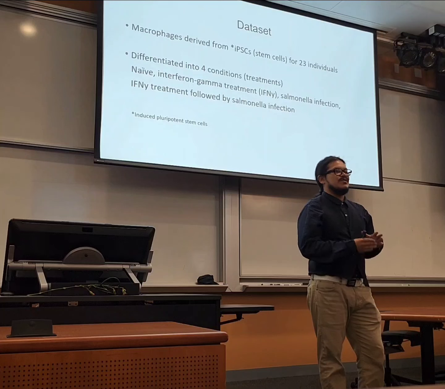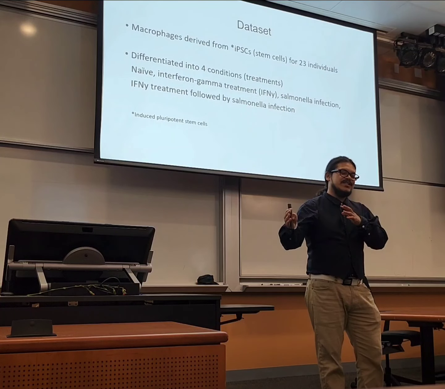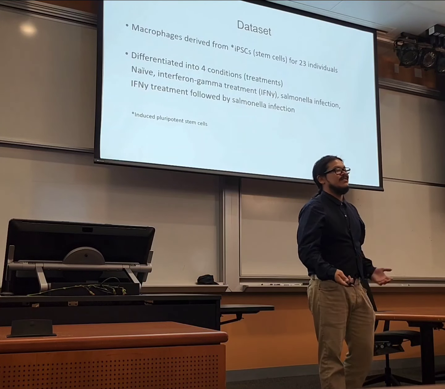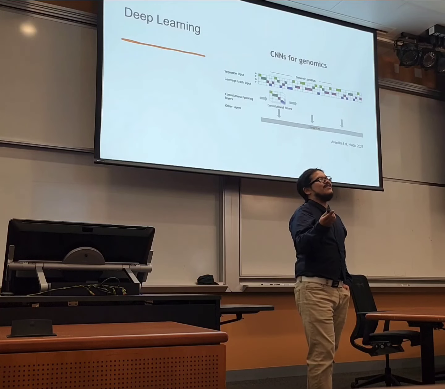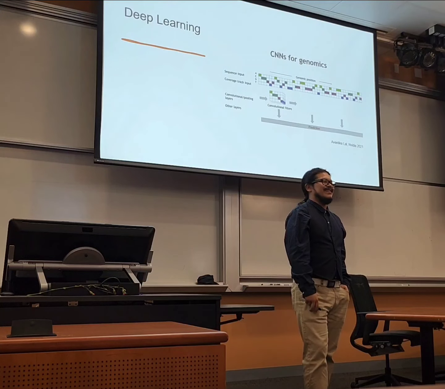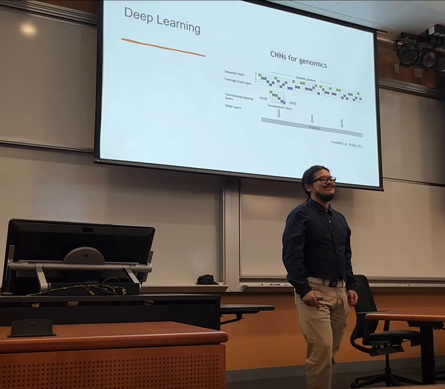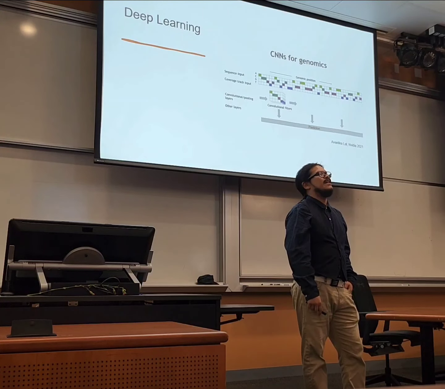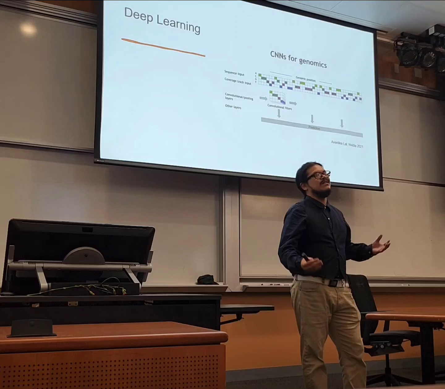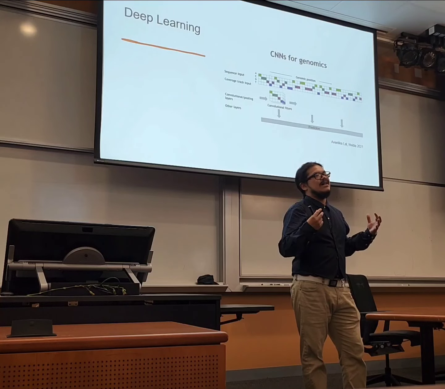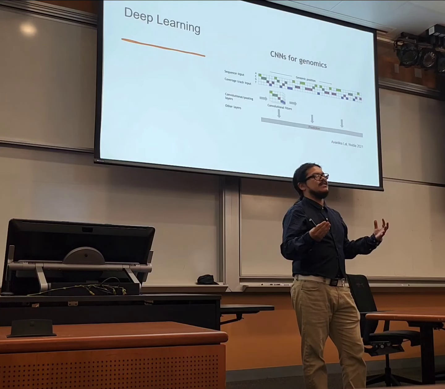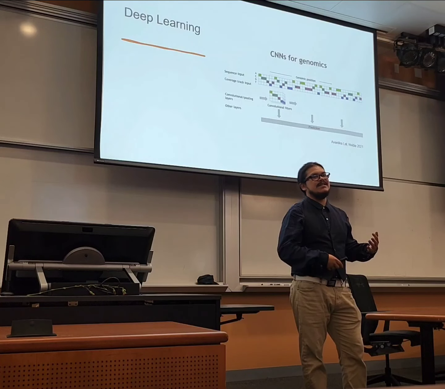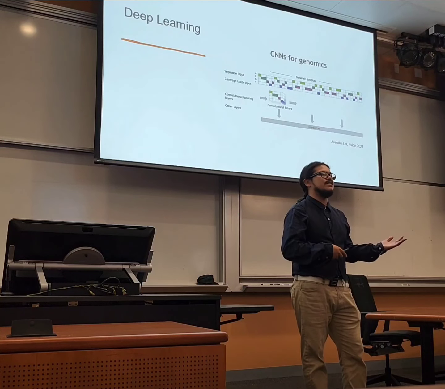We had to use multiple patients to be able to train the machine learning model, which I'll talk about right here. In machine learning, I don't really want to get into it, but right now we're looking at this new idea of deep learning. Deep learning is essentially when we feed an AI a ton of data, but we're not necessarily annotating everything and saying this is how you should interpret it and this is how you shouldn't.